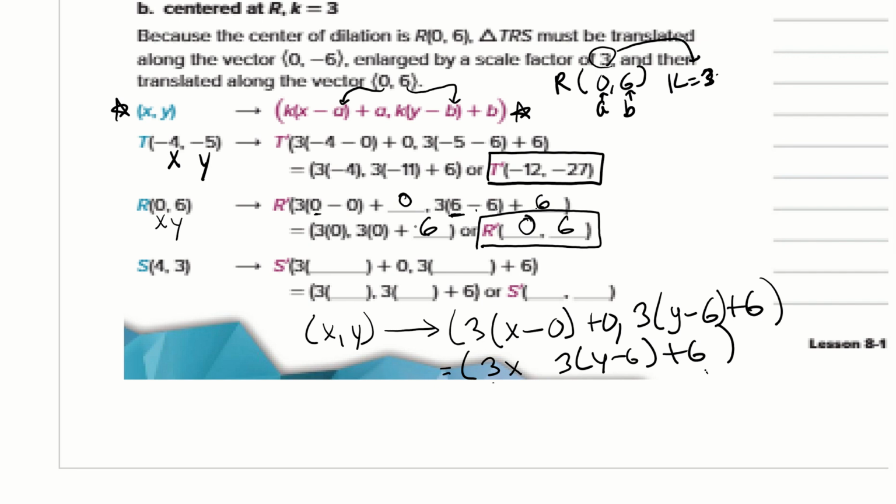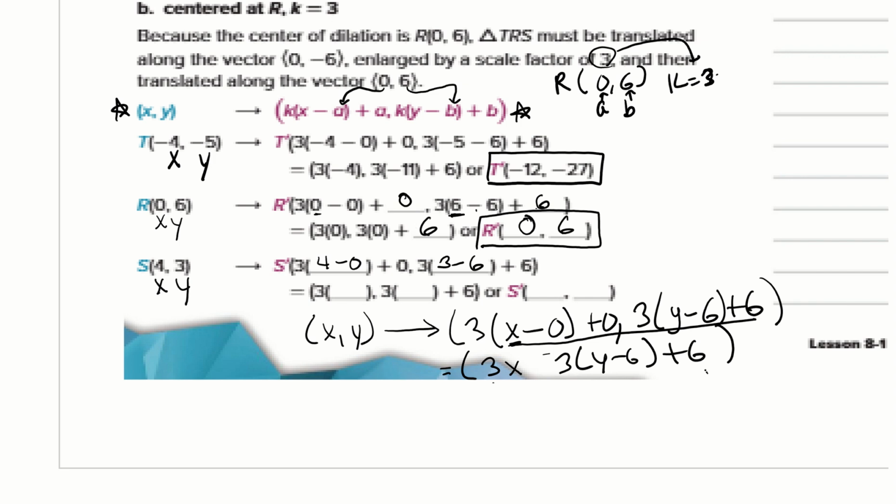Okay, so now we got our new x, our new y. So we got 3 times x, which is 4, right? So 3 times, and then let's just follow this template. 4 minus 0 plus 0. Okay, so 3 times (4 minus 0 plus 0). I'm using this first template right here. And then we got 3 times (y minus 6), but y is 3. So 3 minus 6 plus 6.